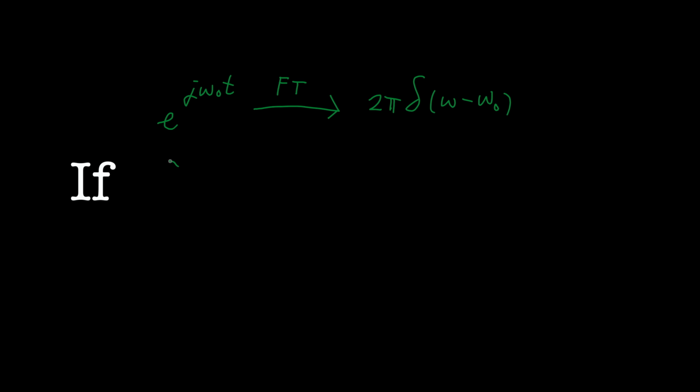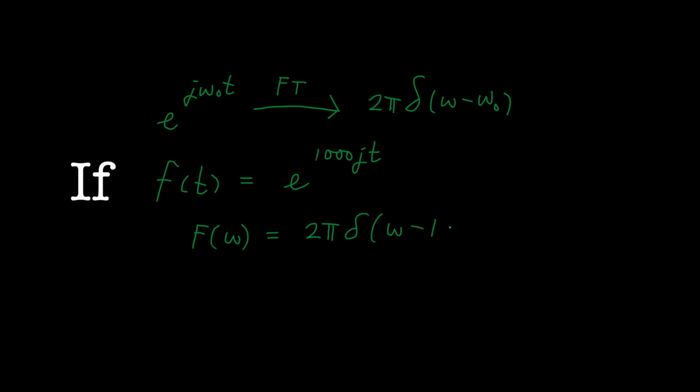Now, if f(t) is equal to e to the power of 1000 jt, since omega naught equals 1000, then F(omega) equals 2 pi delta omega minus 1000. That's very straightforward.